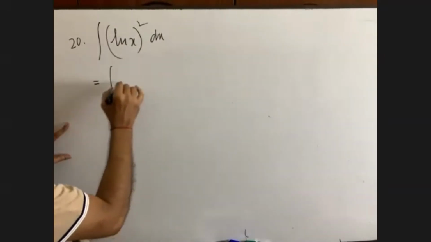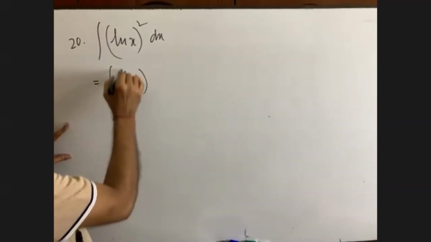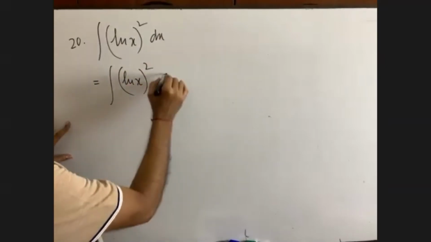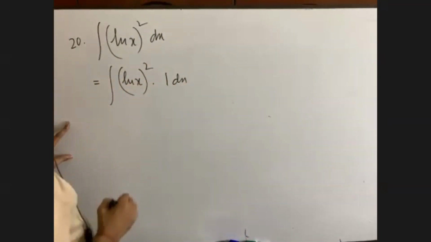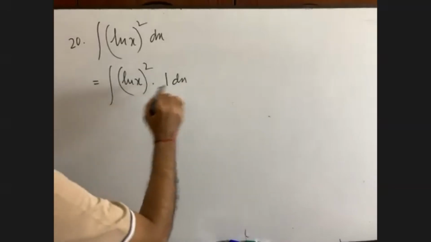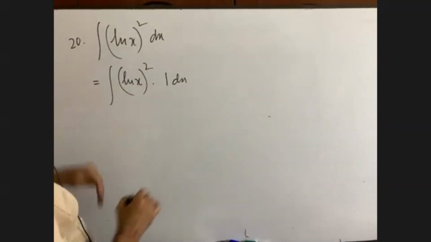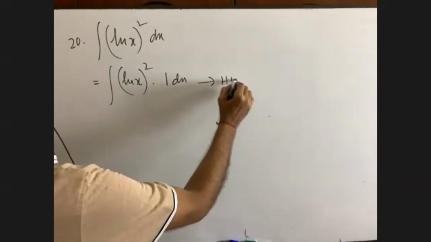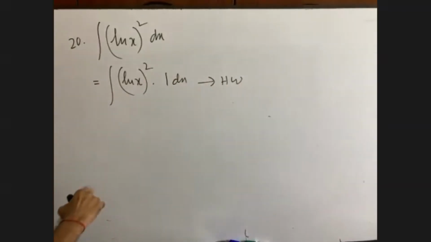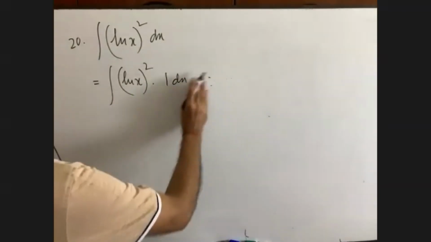Okay, what will you do for this math? This is integral of ln x whole square 1 dx. Now you will get a very easy and simple two-line homework. It is really very, very easy and simple. Will I do it or will you do it? Talk to me.